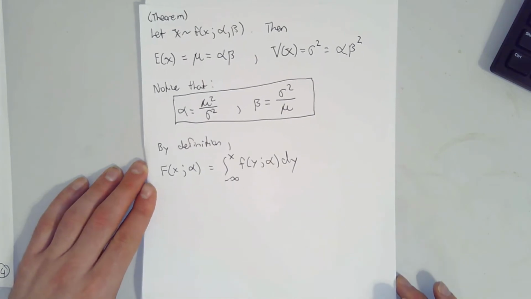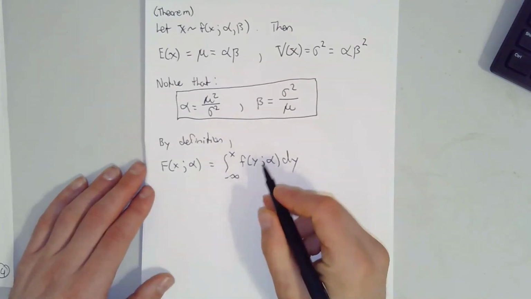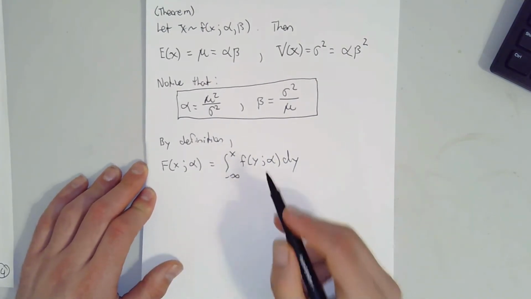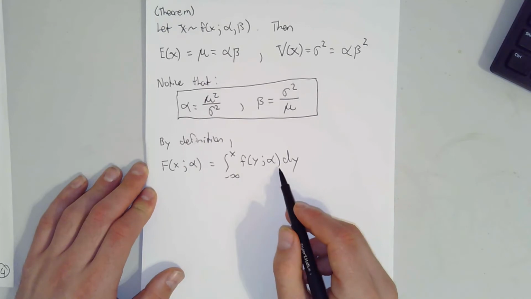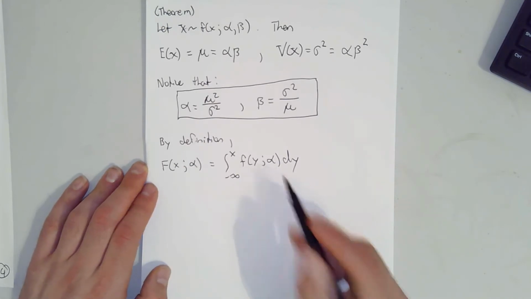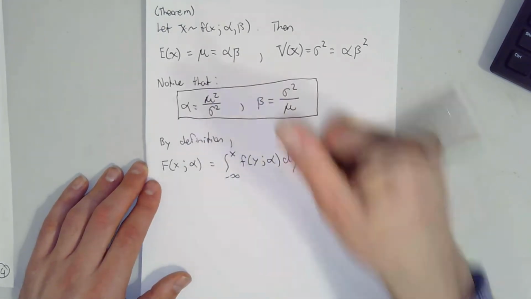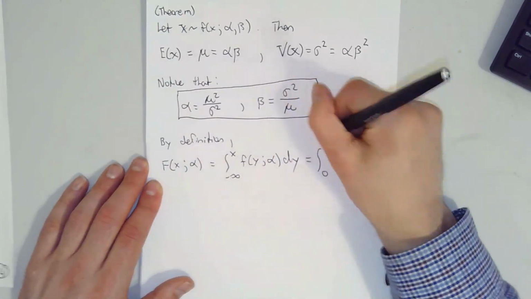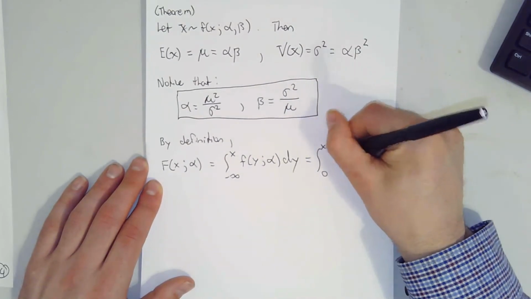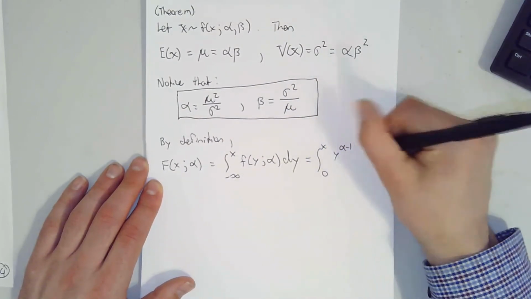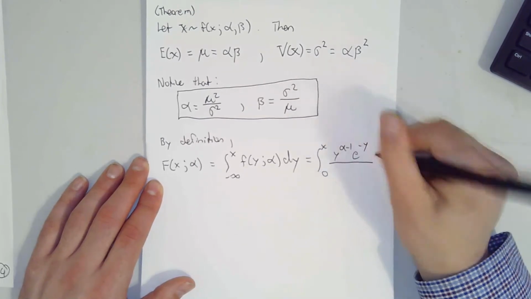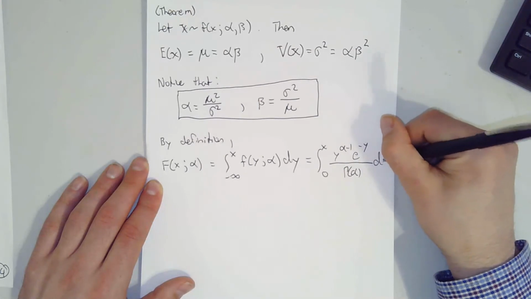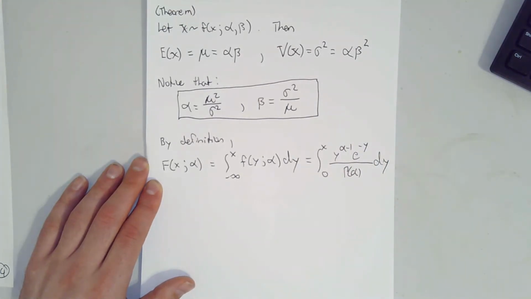Just to point out, we are not using x anymore as the variable of integration because x is in the upper bound here. So what's inside here is just our standard gamma distribution as follows, and we have tables for this. By definition of the standard gamma distribution, this is just y to the alpha minus 1, just like so.